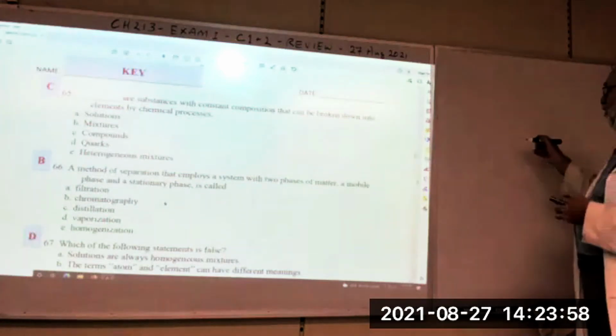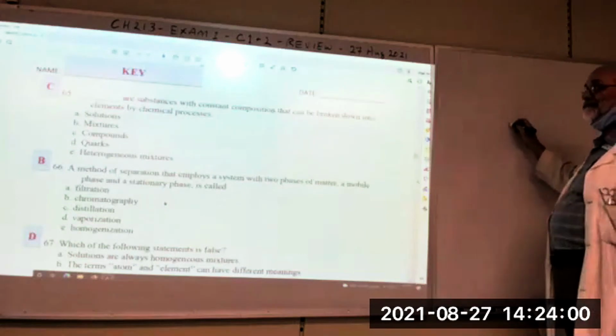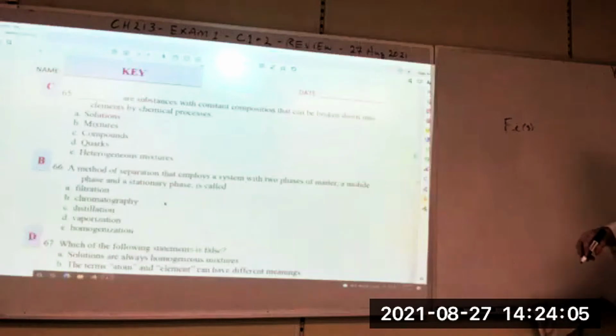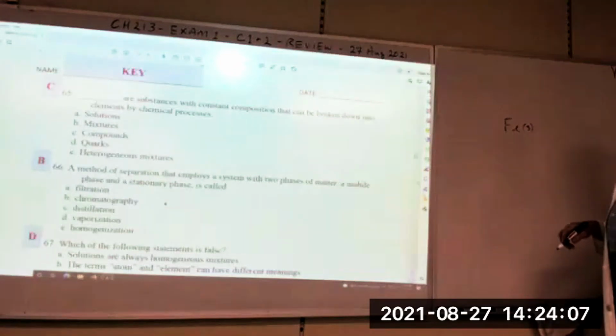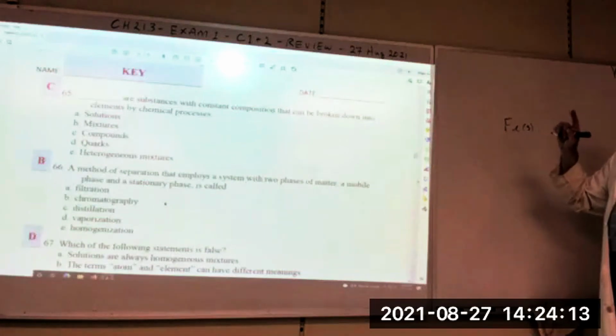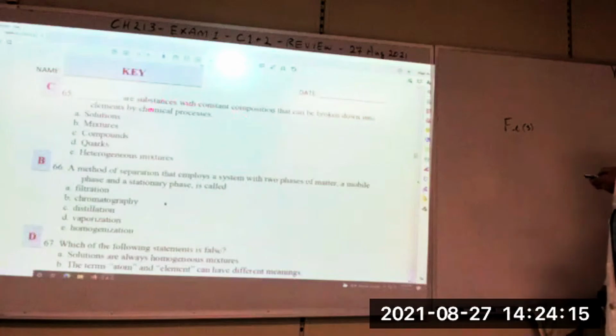And if you tried it with pure iron, nothing would happen. You could decrease this in size until you get to 1 atom of iron. But there are no chemical processes involved. It's all physical.